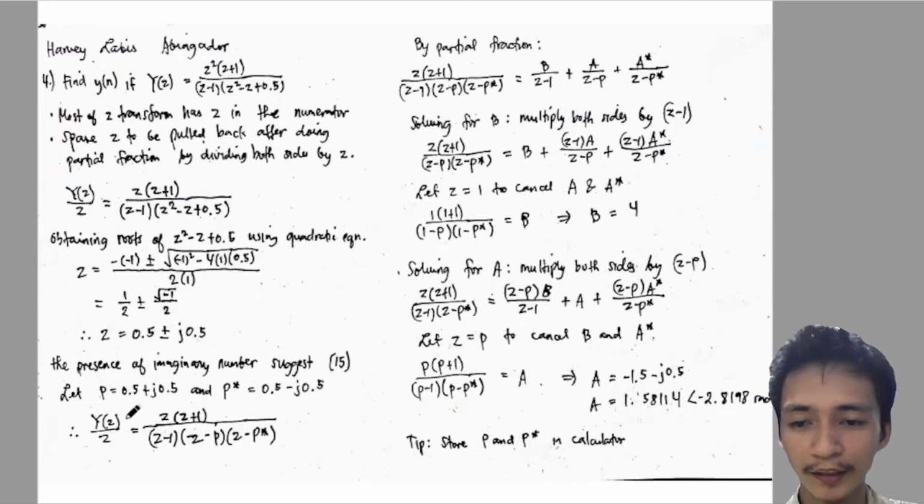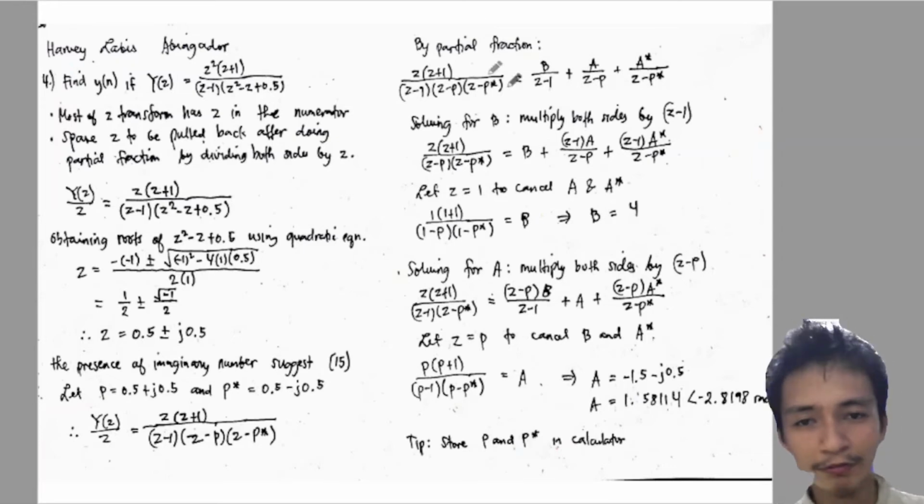Therefore, we can write Y of z over z as z plus 1 all over z minus 1, and in this part becomes z minus p multiplied by the quantity z minus p conjugate.